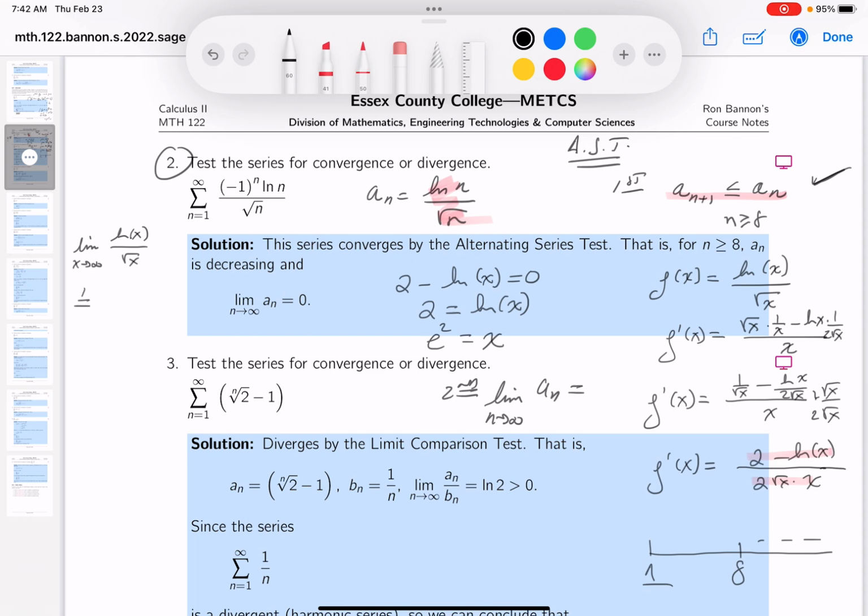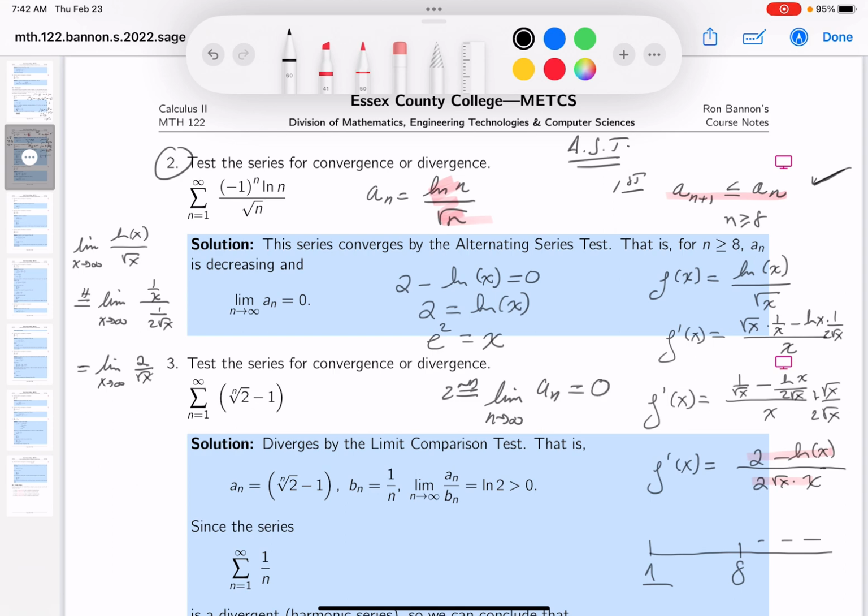The derivative of the top is 1 over x, and the derivative of the bottom is 1 over 2 root x. Well, let me put this down for you, and I'm still trying to simplify this. And what would you get? Let's see, you get 2 times root x over x, so as x goes to infinity, you would get 2 over root x, which of course is 0. All right, that's not bad.